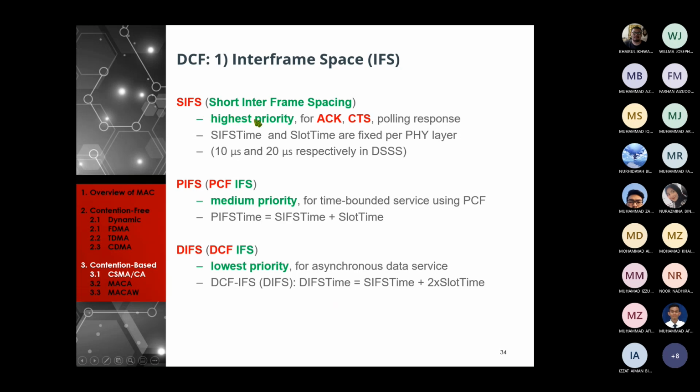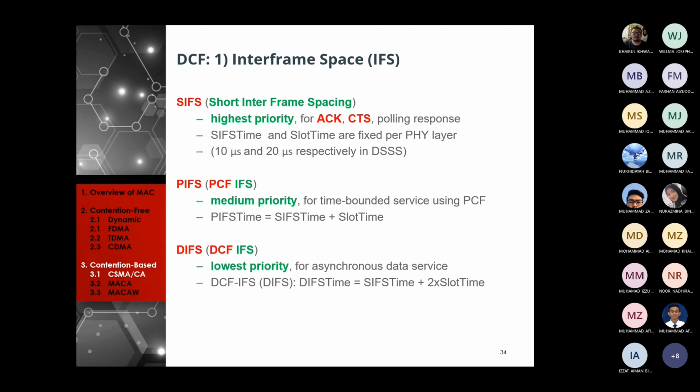So SIFS tadi ada untuk dalam DCF inter-frame space, IFS. So the short inter-frame spacing, highest priority for CTS and polling response. SIFS time and slot time are fixed per PHY layer. Okay, so tengok dalam 10 microsecond and 20 microsecond, bukan millisecond lah, microsecond.